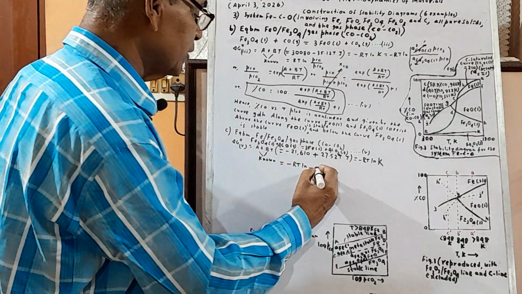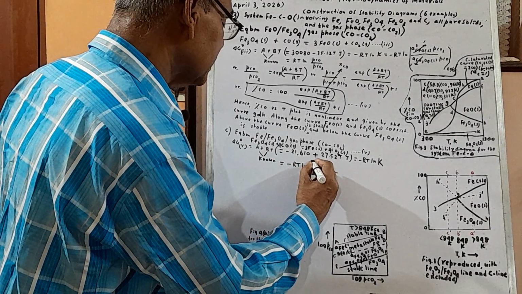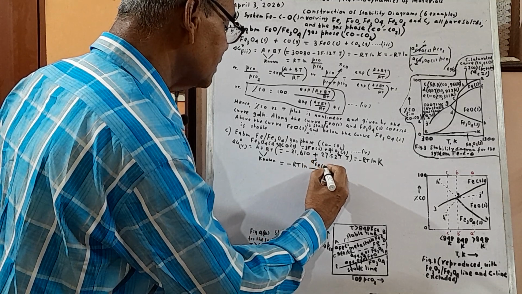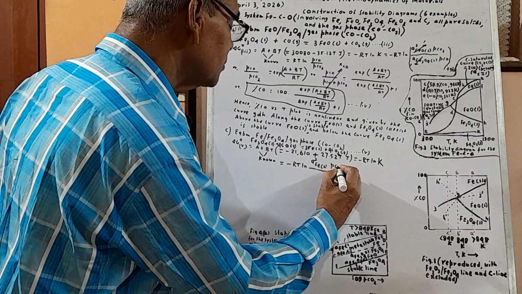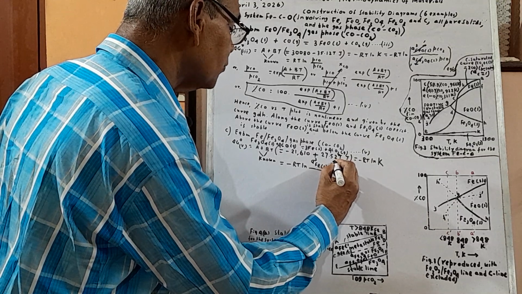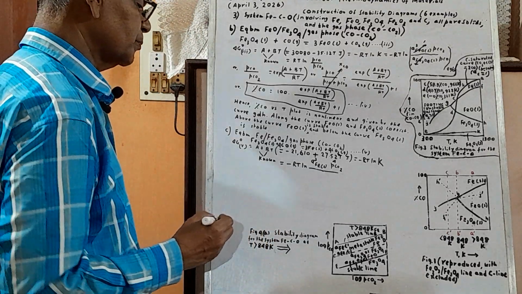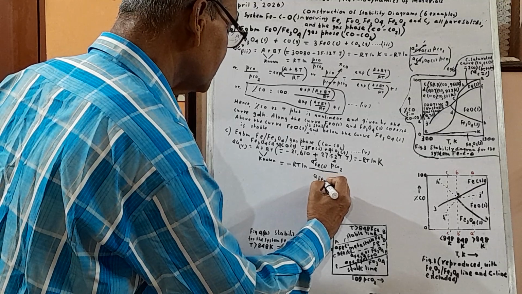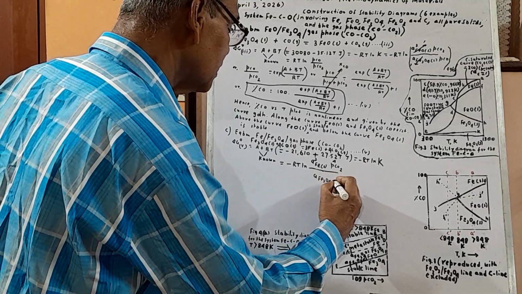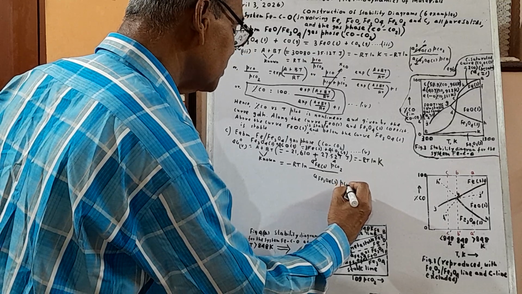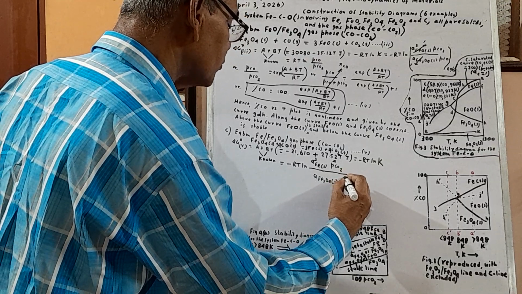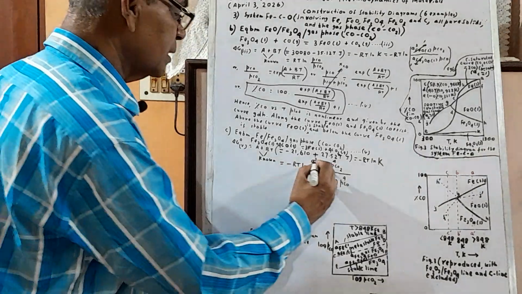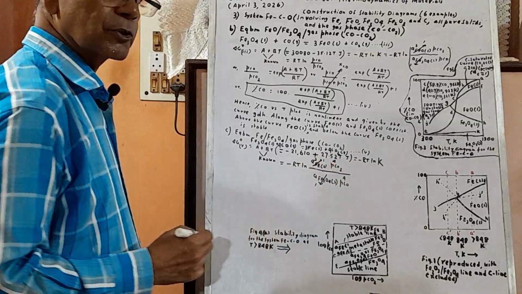For the equilibrium constant, please write the activity of Fe cubed, solid, times PCO2 to the power 4, over the activity of Fe3O4 solid times PCO to the power 4. As before, you put 1, this is also 1, pure solid.